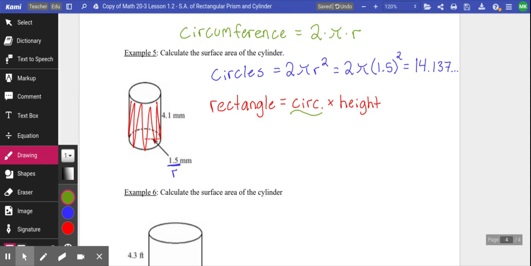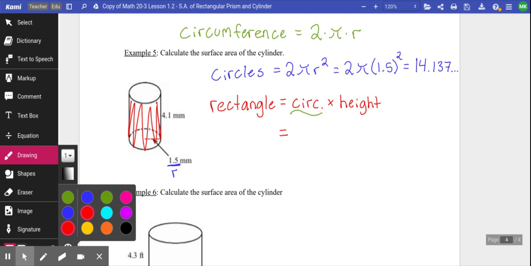Awesome. So now that I can go into my rectangle, the circumference is 2 times pi times 1.5. Then I can multiply by the height, which is 4.1. So I have 2 times pi times 1.5 times 4.1.